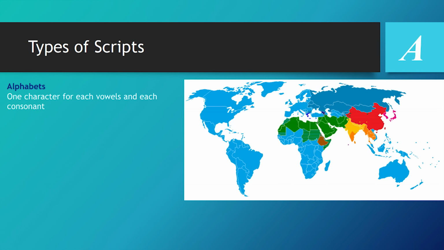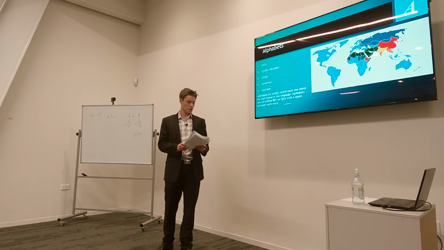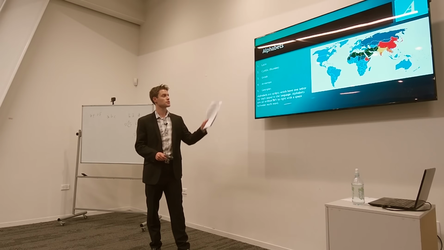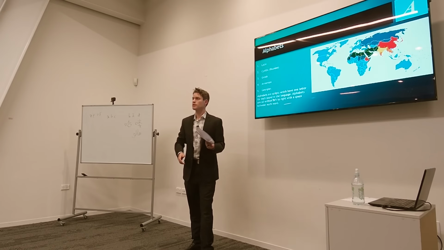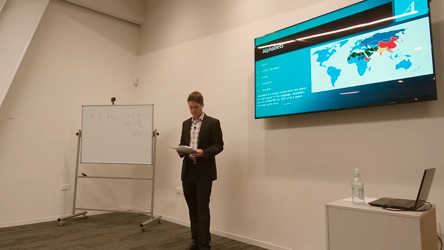The next script is Cyrillic. This is named after St. Cyril, who was a missionary to the Russians, and he's credited with developing the script. So also Armenian and Georgian scripts are attributed to early missionaries who were the first to write down some of the early languages of Europe.